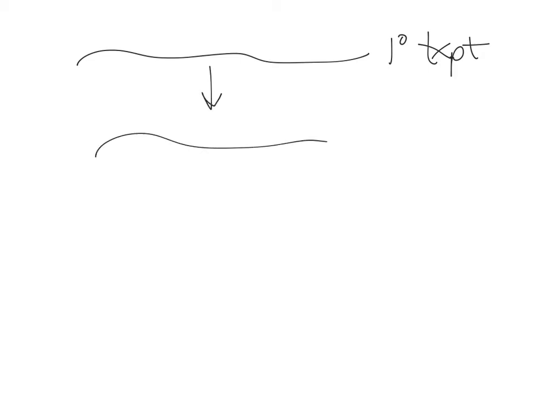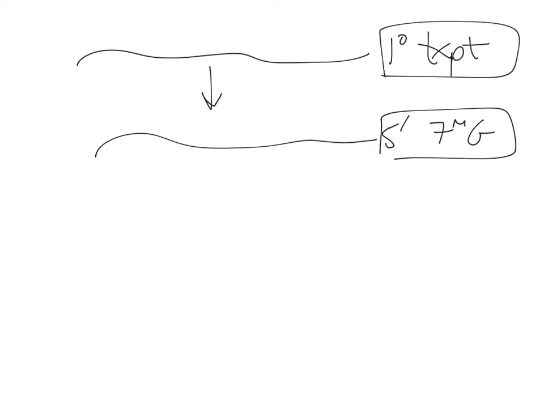What does it look like after it's had the 5' 7-methylguanosine cap added? So down here at the 5' end, all you do is you draw 7Mg. There's a nucleotide that's added to the 5' end of the molecule that designates it in eukaryotes as a transcript. So it's a guanosine.